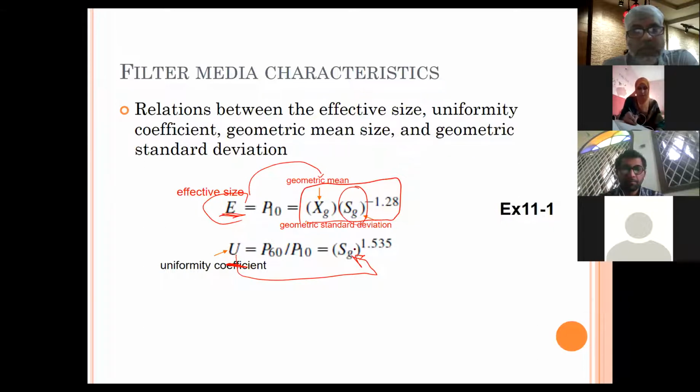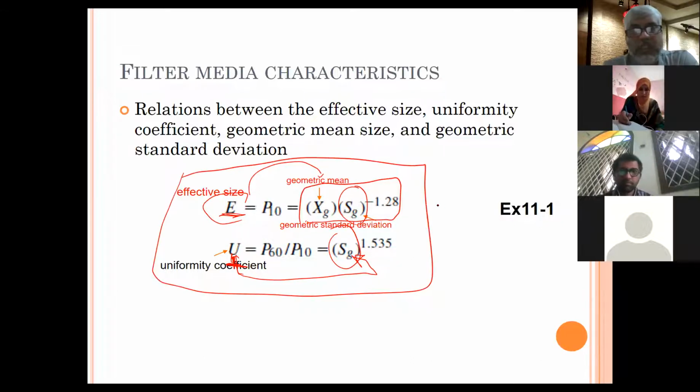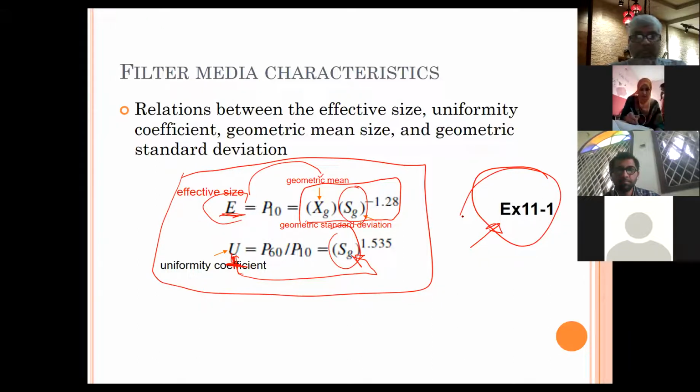So if you know the geometric standard deviation, you can find the uniformity coefficient and vice versa. The application of these two equations is given in your book, example 11-1. You have to solve this problem yourself. This is the application of these two relations.